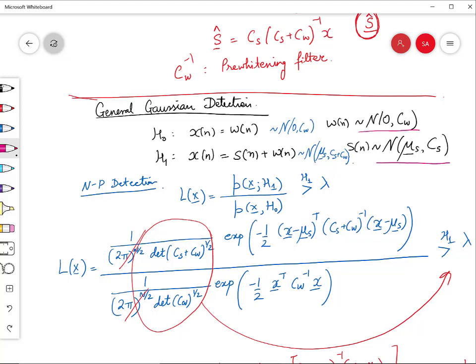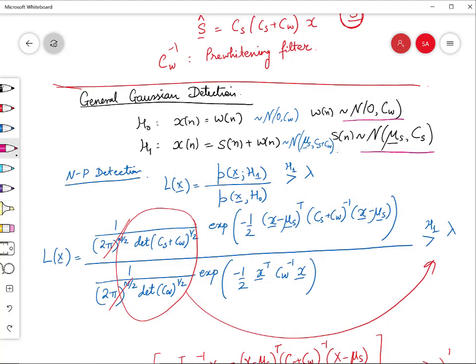So you can practically take any other distribution. For example, s is not just Gaussian, but it could be any other distribution, and then you can follow a similar procedure and obtain the optimal detectors in such cases. All right, so this was all about the random signal detection.